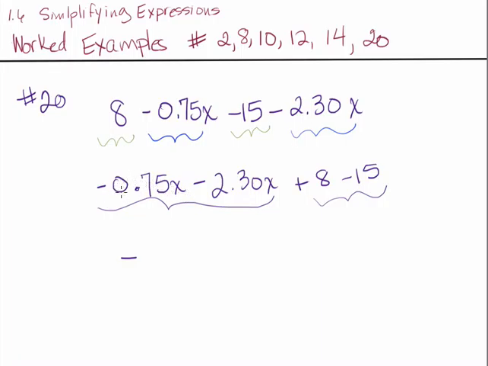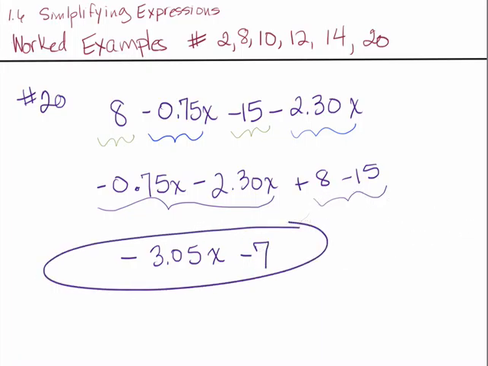When adding 2 negative numbers together, you add the numbers and the sign is negative. 2.30 and 0.75 is 3.05. That's how many x's I'm in the hole. If I have $8 in my bank account and I withdraw 15, then I'm overdrawn, I'm in the hole, $7. This is my final answer.